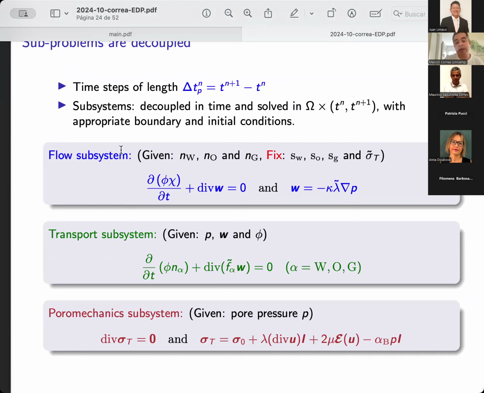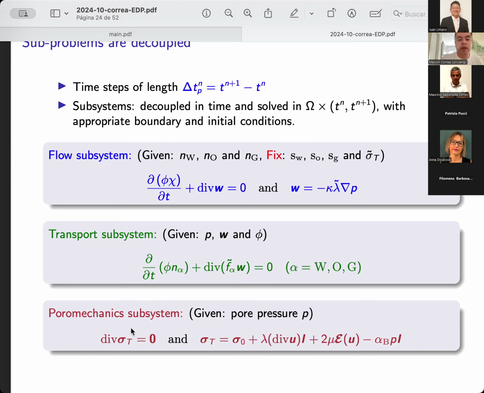Mathematically speaking, the flow subsystem is a nonlinear parabolic problem. The transport subsystem is a nonlinear hyperbolic problem. It's a hyperbolic system of three equations coupled nonlinearly. And the poromechanics subsystem is an elliptic problem.